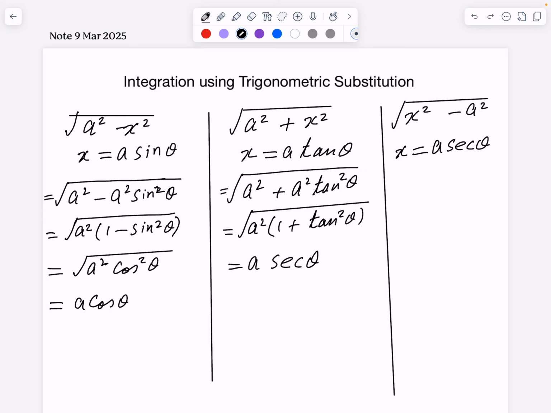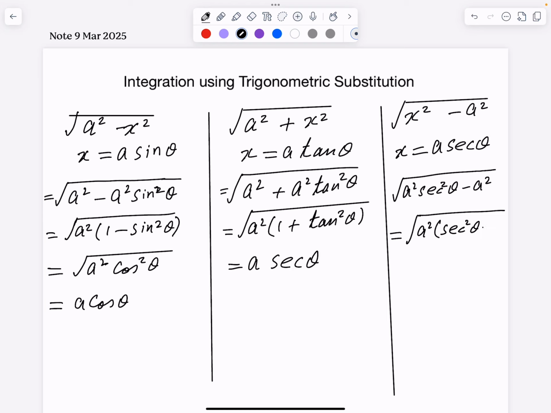We're going to get the square root of a squared secant squared theta minus a squared, and this one is going to equal the square root of a squared times secant squared theta minus 1 in parentheses.